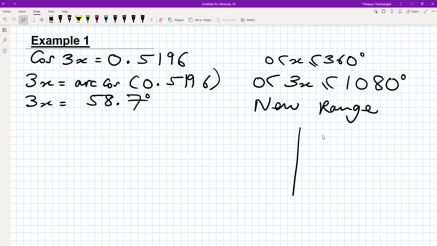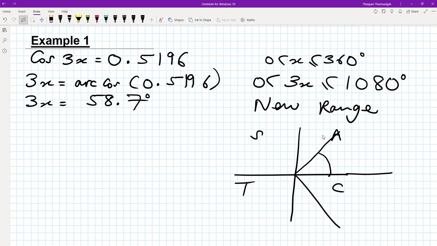So now we can draw the CAST diagram and say cosine is positive in the first quadrant, positive in the fourth quadrant.